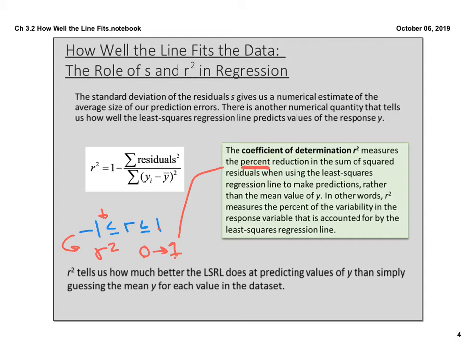So the R squared value is a percent. What it's measuring is the amount of variability in the response variable that is accounted for by the LSRL. So our LSRL is going to create variability when we use it to make predictions.